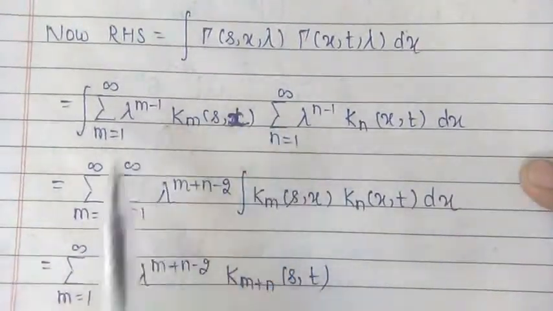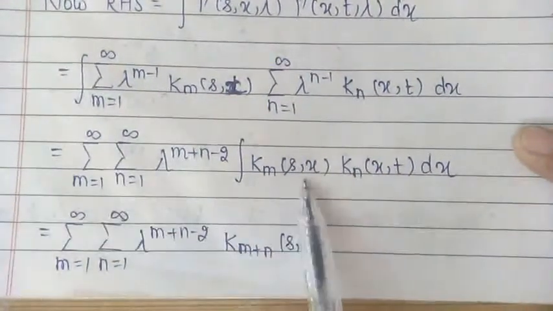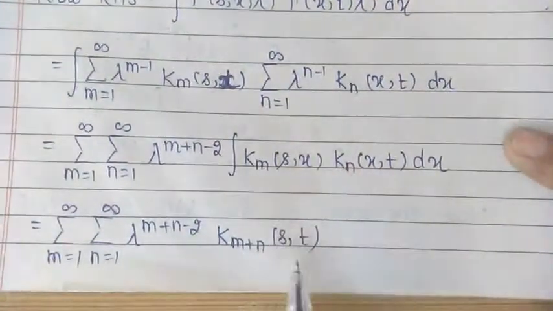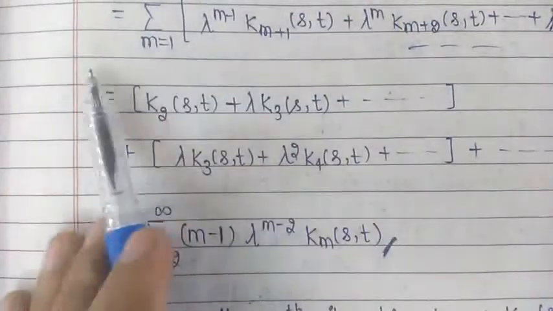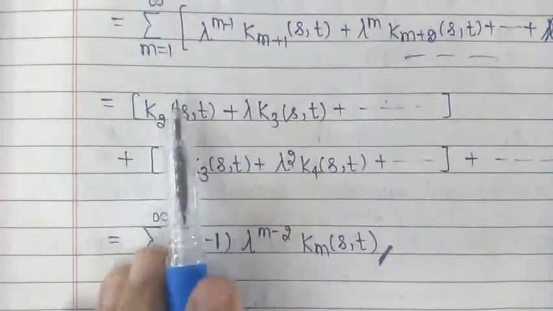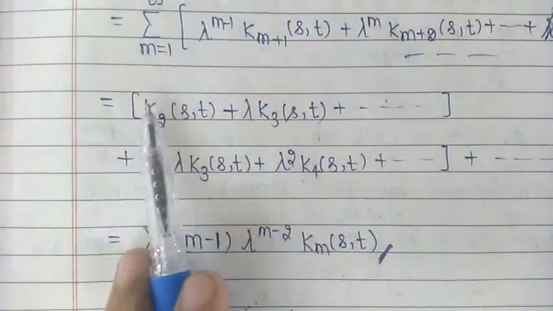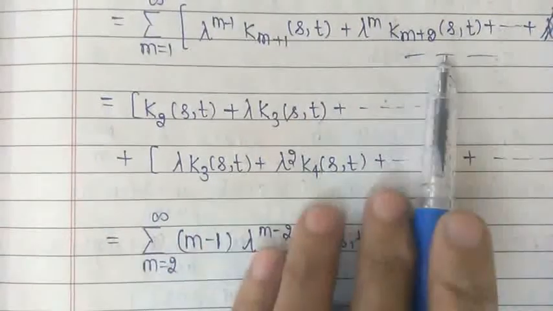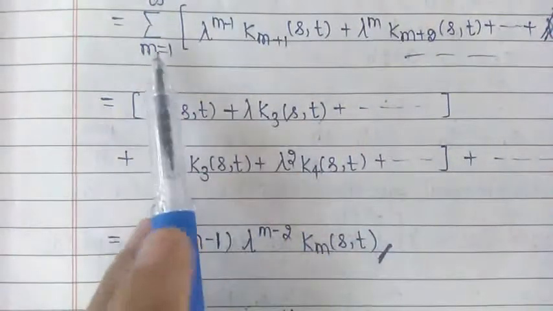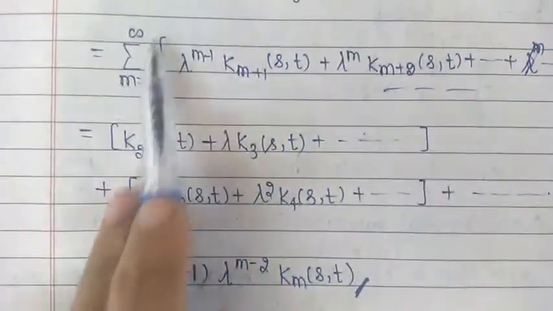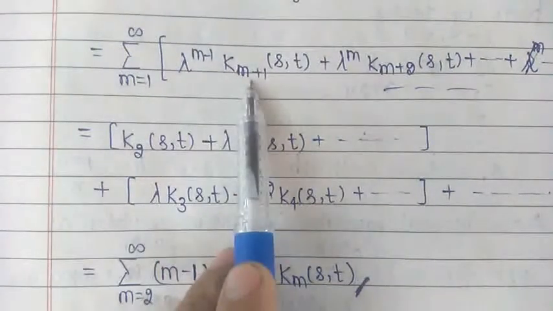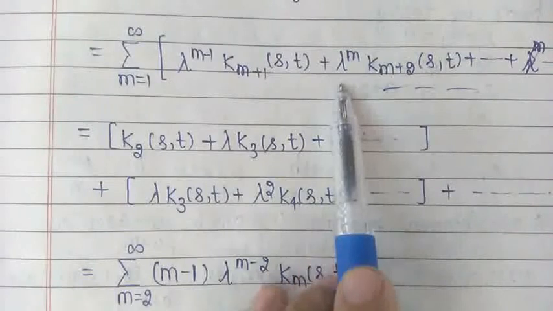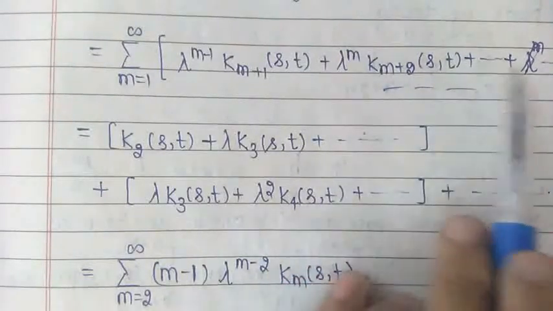Now the double summation we have taken outside, and inside we are left with this integral, which is the (m plus n)th iterative kernel. Now here we can expand the summation where n varies from 1 to infinity. Expanding that summation, we get the summation, m varies from 1 to infinity, λ raised to the power m minus 1 K_(m+1)(s,t) plus λ raised to the power m K_(m+2)(s,t) and so on.